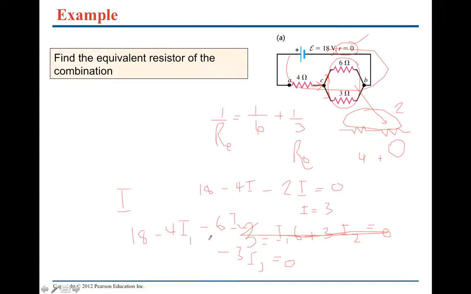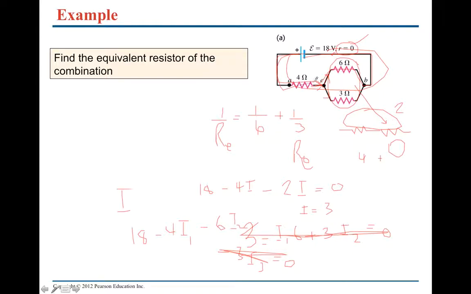Now this equation has 3 unknowns, I1, I2, and I3. So what does that mean? I have to analyze this in such a way that this is gone. I'm going to start from here and go this way and then this way. That's one closed loop, which gives me an equation.